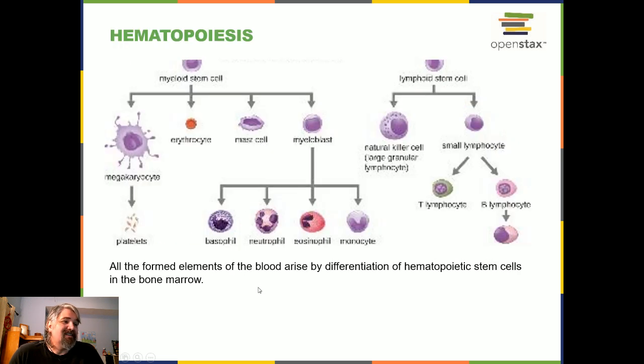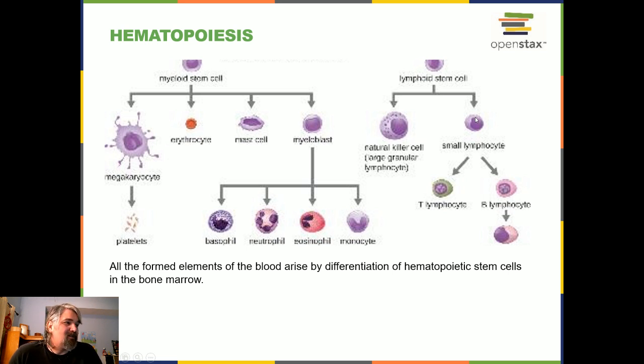So, hematopoiesis. Of course, I forgot to fix this figure in the last chapter, and I didn't fix it in this figure either. That's really annoying. We have our myeloid stem cells and our lymphoid stem cells. From the lymphoid stem cells, we get our natural killer cells and our T and B lymphocytes.